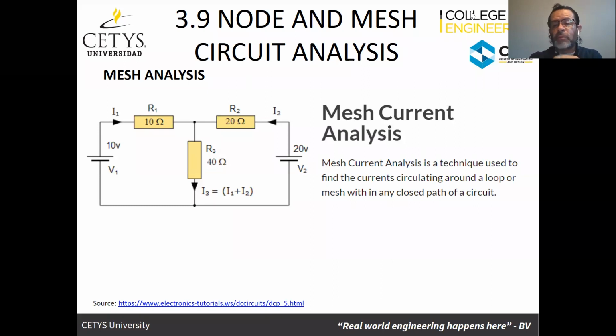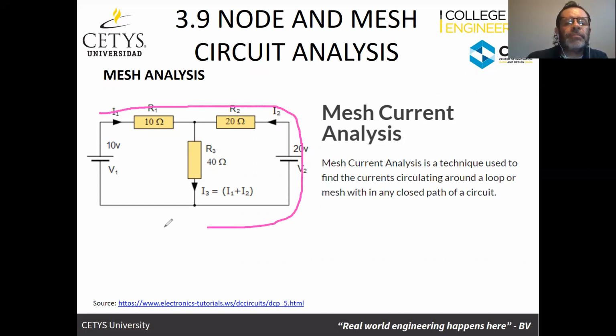The first one that we're going to talk about is what's called mesh analysis. I love to say that word, mesh. It's a mesh or meshes. Remembering that in a circuit, we're going to have loops. Remember, this is a question in the exam. In a circuit, we're going to have loops. A loop is a closed path where current is going to flow.